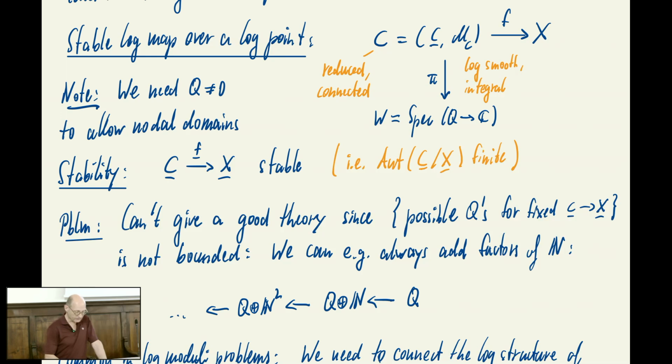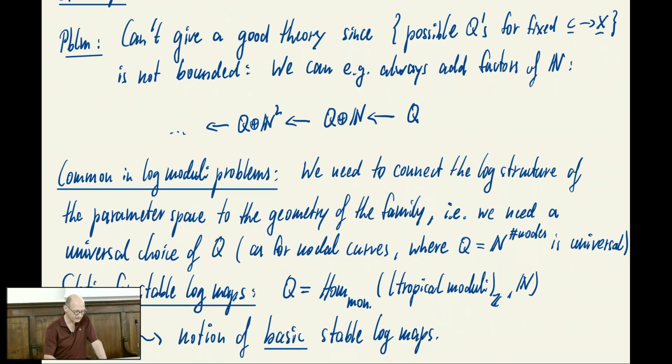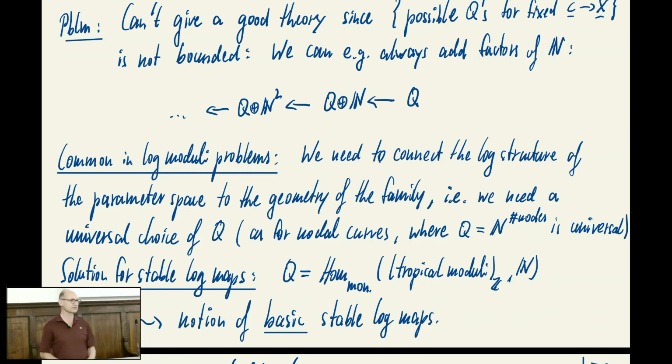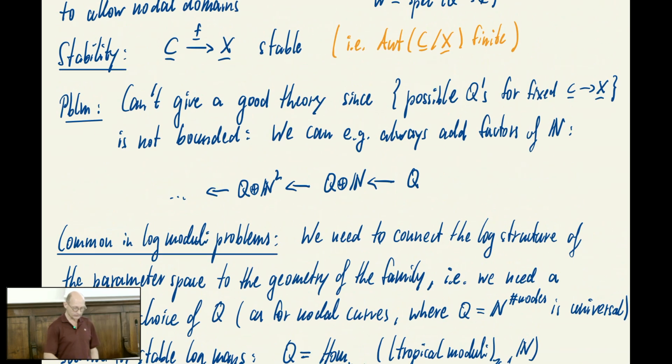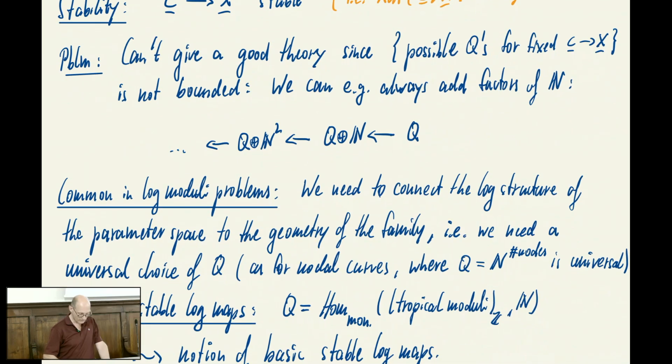So the key in getting a good moduli theory in log geometry is that you have to link this kind of Q that appears in the base of your geometric points in the moduli space to the geometry of the situation. And that's really an art and not a recipe, okay? So that requires a definition, some insight.